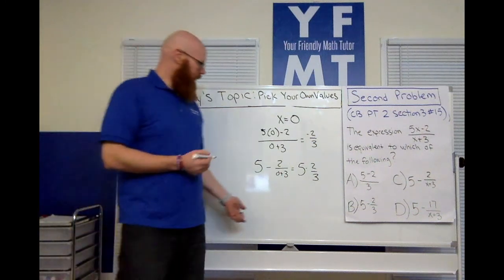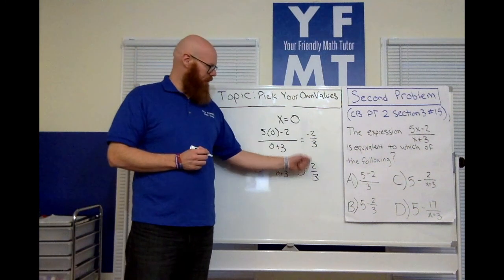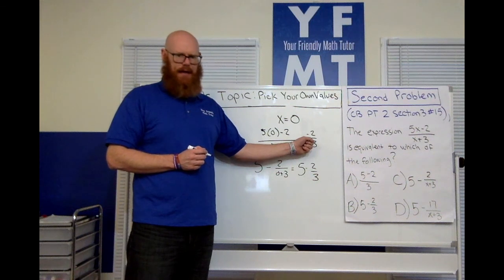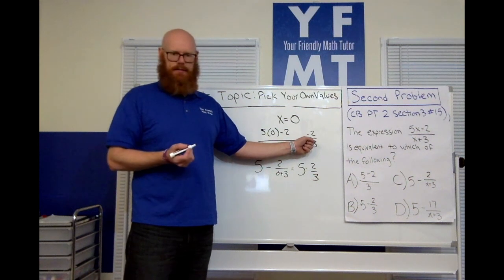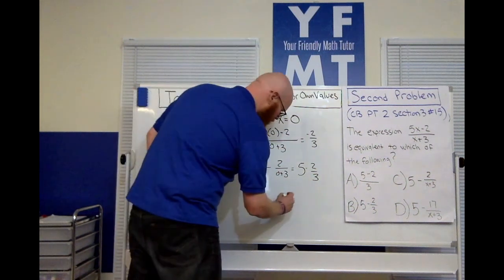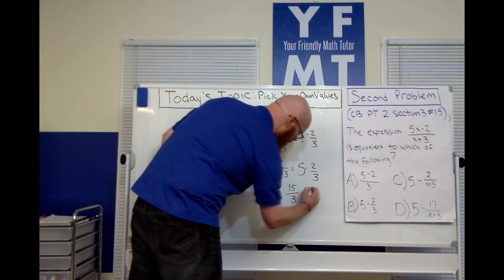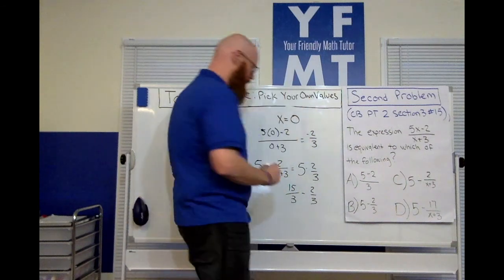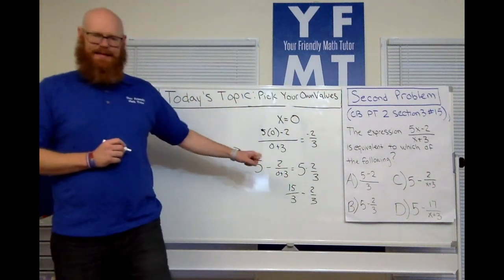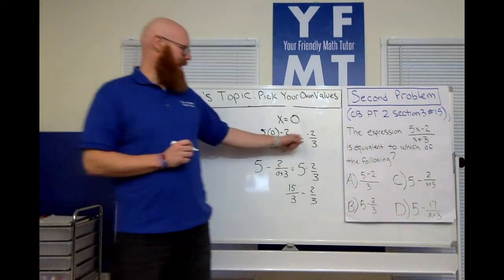which you may be able to see. How could you take 5 and subtract 2/3 and get negative 2/3? That just doesn't seem to make sense. But if you certainly want to see for yourself, 5 is the same thing as 15 over 3 minus 2 over 3. I hope now you believe me that that is 13 over 3, which is not negative 2/3.